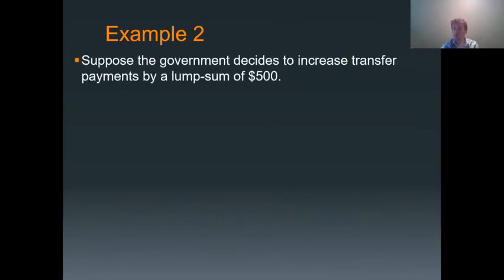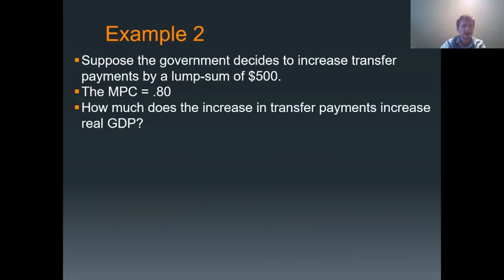In example 2, the government decides to increase transfer payments by a lump sum of $500. So same multiplier, $500. Our MPC now is 0.8. How much does the increase in transfer payments increase real GDP? So to do this, you look in the same way.